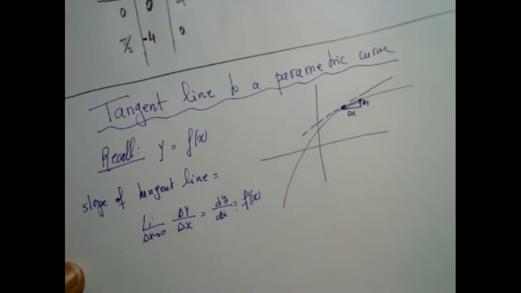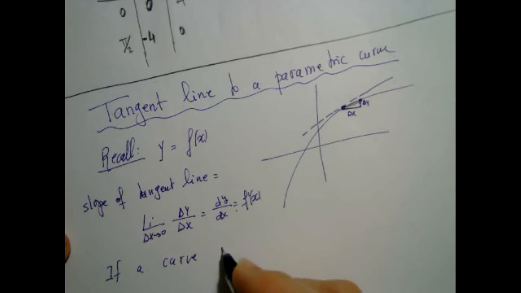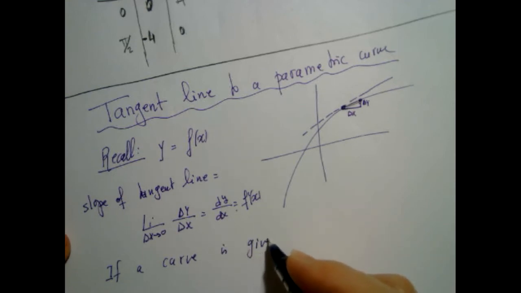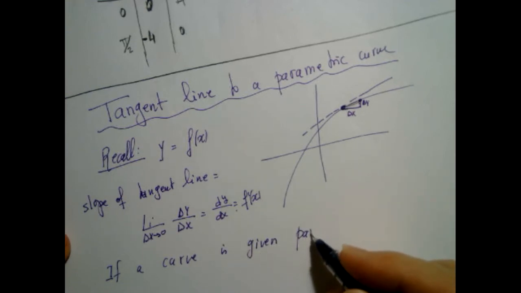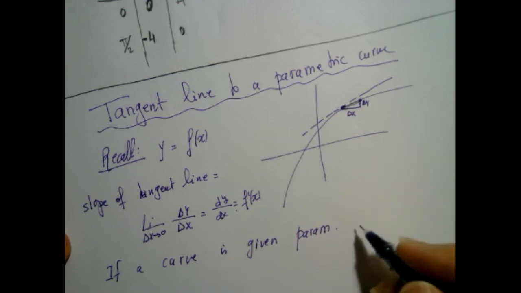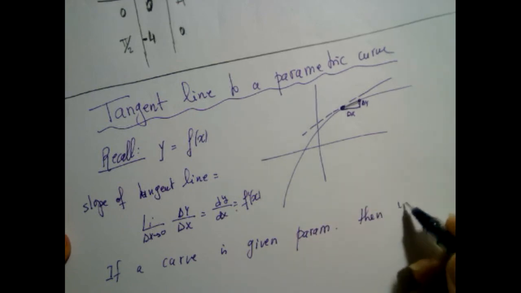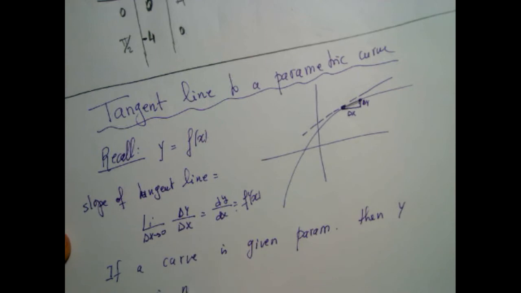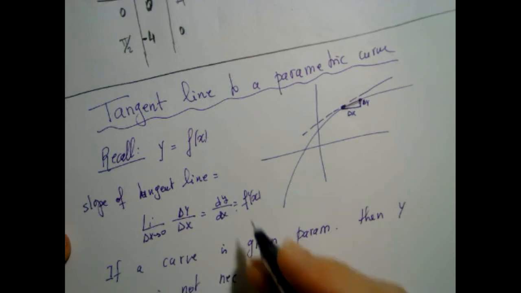Now, if a curve is given parametrically, I don't necessarily have y as a function of x. I have x and y in terms of a parameter t. So I cannot use this. If a curve is given parametrically, then y is not necessarily a function of x, so I cannot use f prime.